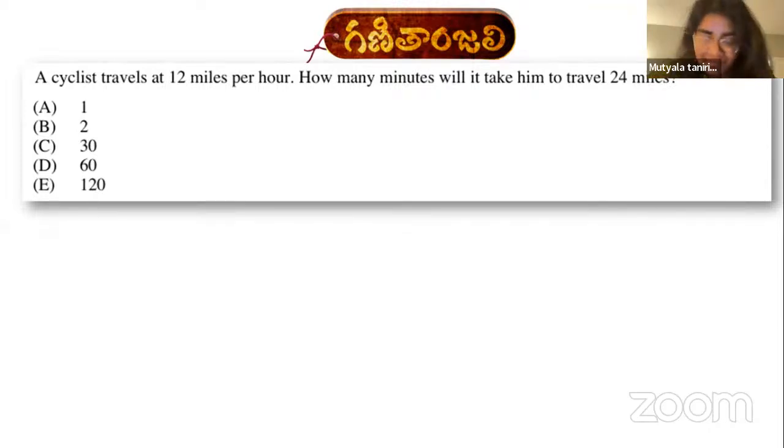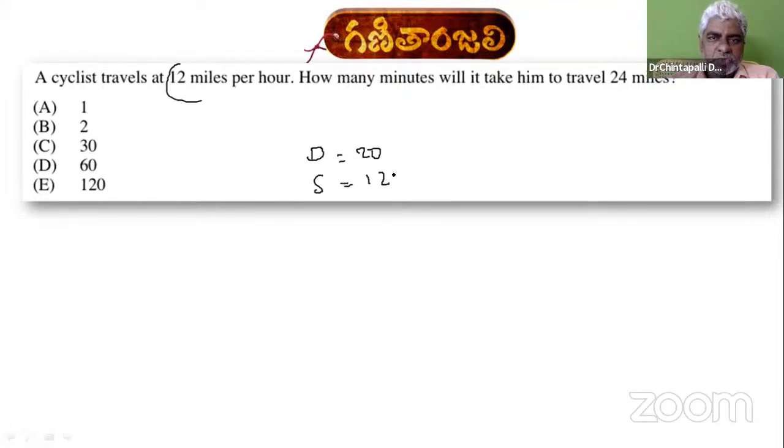A cyclist travels at 12 miles per hour. That means his speed is 12 miles per hour. How many minutes will it take him to travel 24 miles? Distance is 24 miles, and speed is 12 mph.